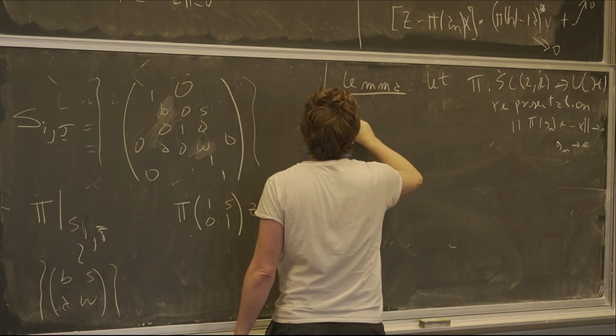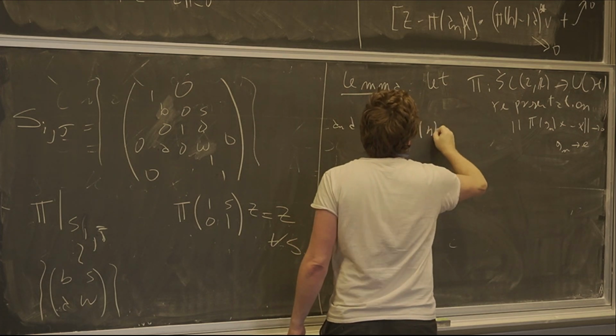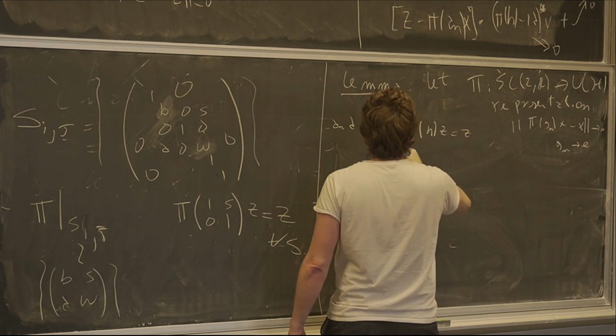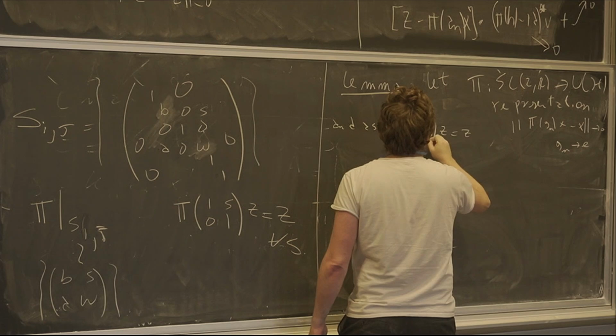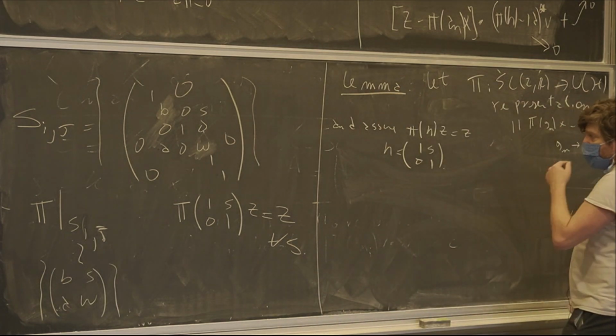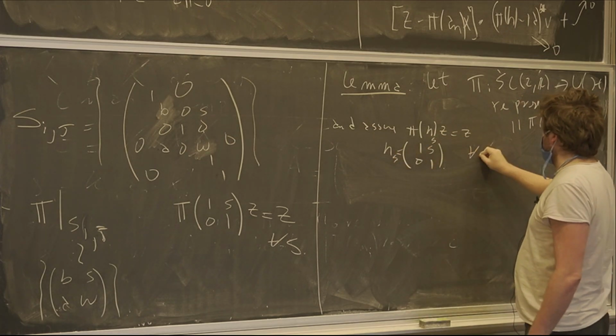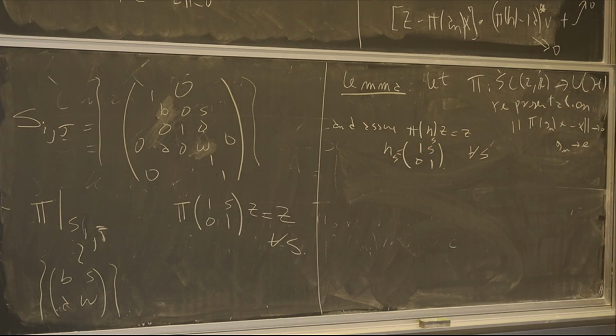And assume pi of h z equals z, where h is, actually only one s would be enough, but let's do it for just invariance by the whole flow.